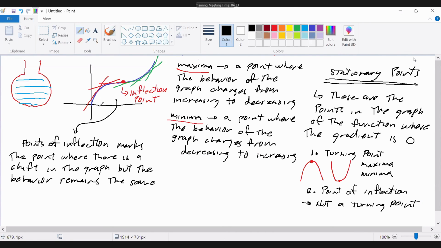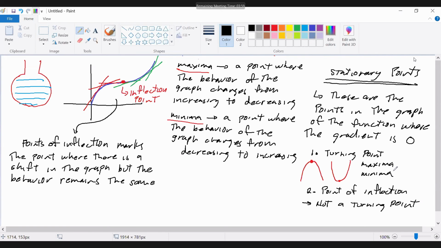So we will now be using these three points, or your stationary higher order polynomials. Okay, without using Desmos or any graphing calculators.